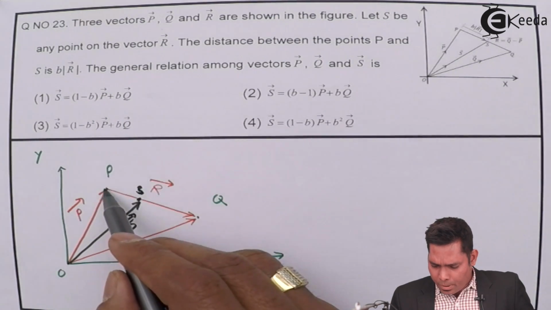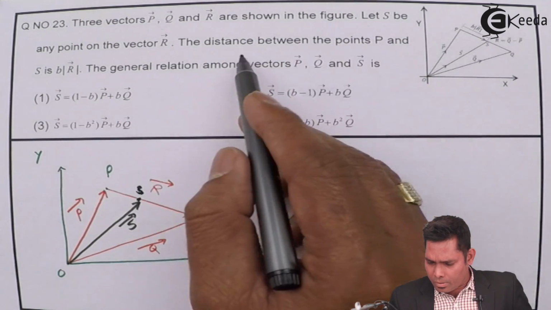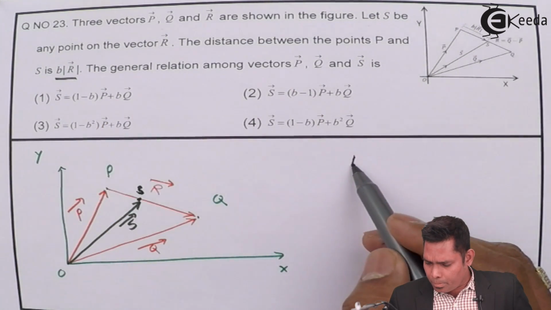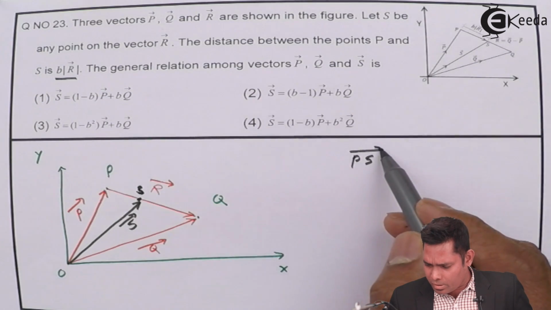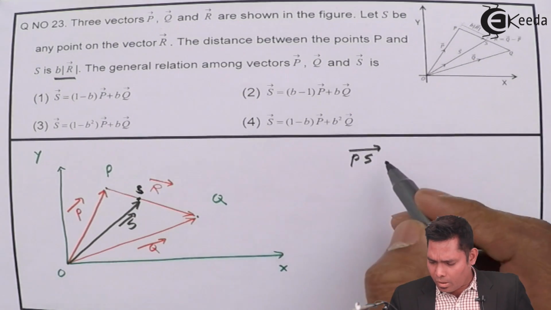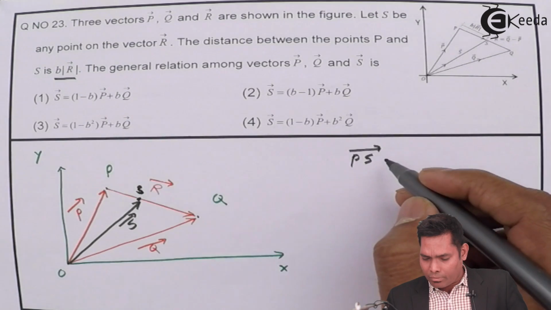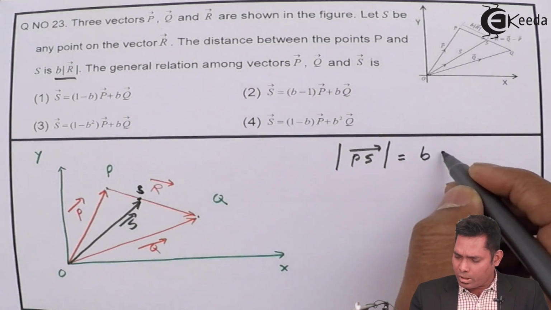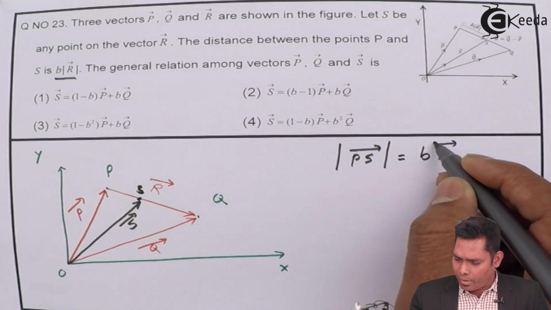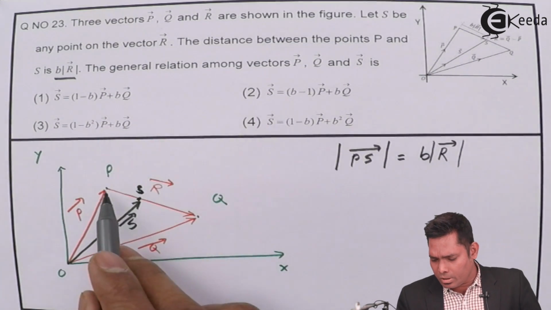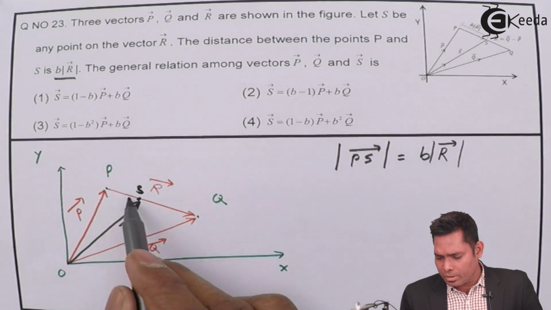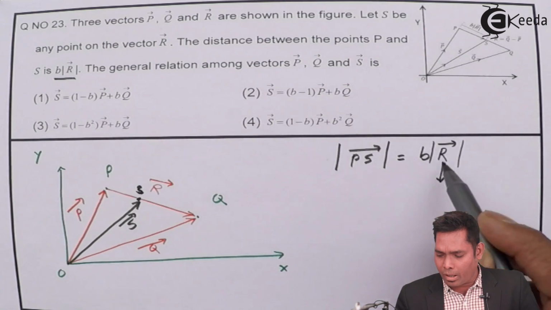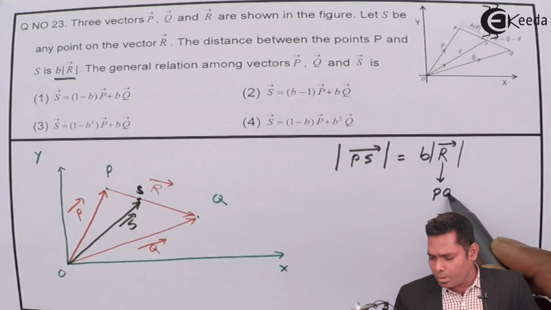So this is PS. The PS vector has a magnitude given as B, a constant, times the magnitude of the R vector. The magnitude of the R vector is nothing but the length PQ.